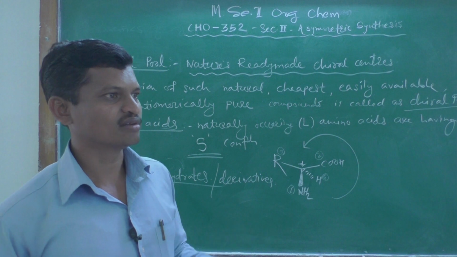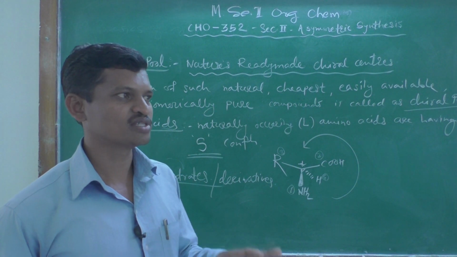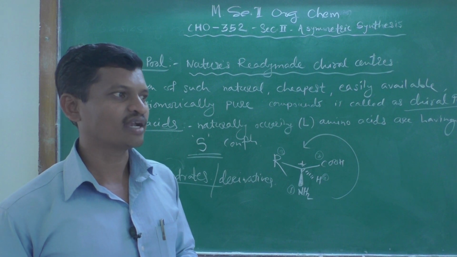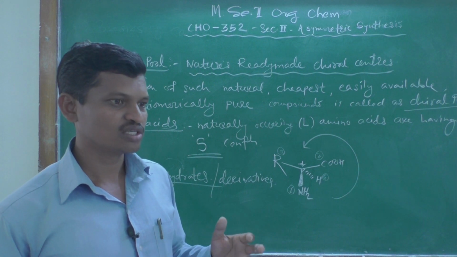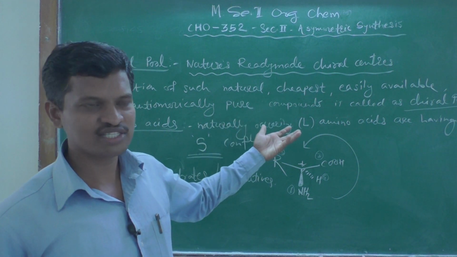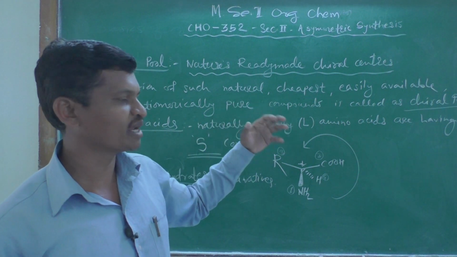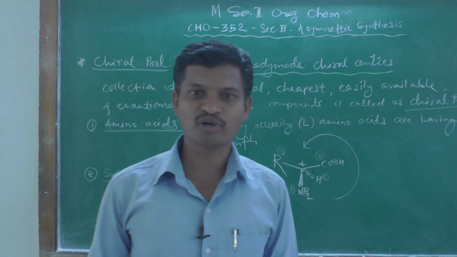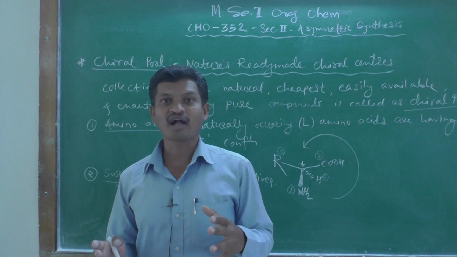The stereochemistry of all the carbon atoms in these molecules is also fixed, and that's why they can be used. They are also enantiomerically pure and easily available in nature, so they can be used as a chiral pool for asymmetric synthesis. So this is the general concept of asymmetric synthesis and chiral pool.